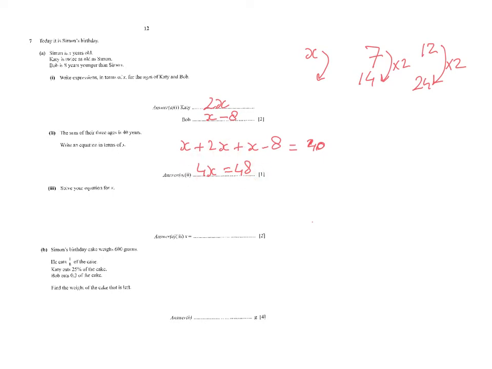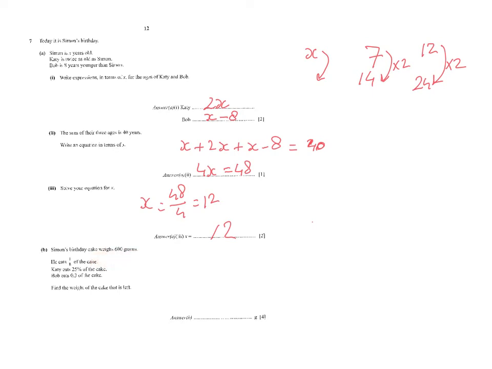Solve your equation. You see, because we simplified it, this becomes a little bit easier now. So we can do 4x equals 48. So x equals 48 divided by 4, so 12. There you go. So actually I already said 12 here, didn't I? But okay, that's just purely a coincidence.